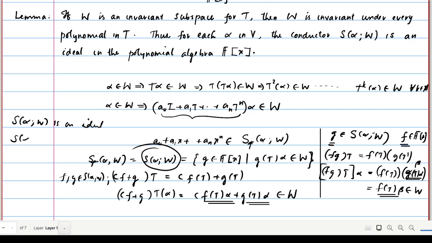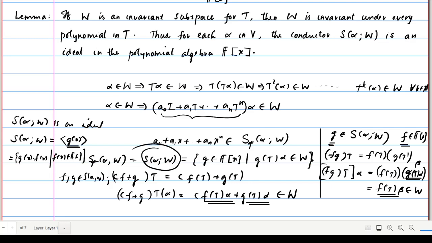Consequently, this can be considered as an ideal generated by a single monic polynomial, a single monic generator g(x). So this g(x) is also called the T-conductor of alpha into W. This can be considered as the multiples of g(x), so it consists of g(x) f(x) such that f(x) belongs to F[x].